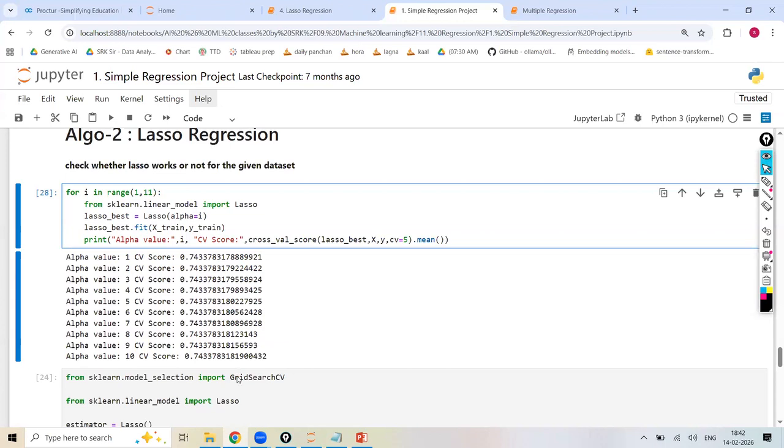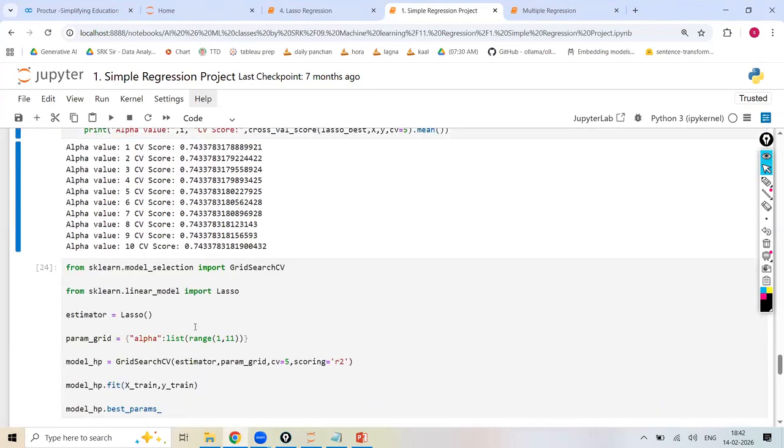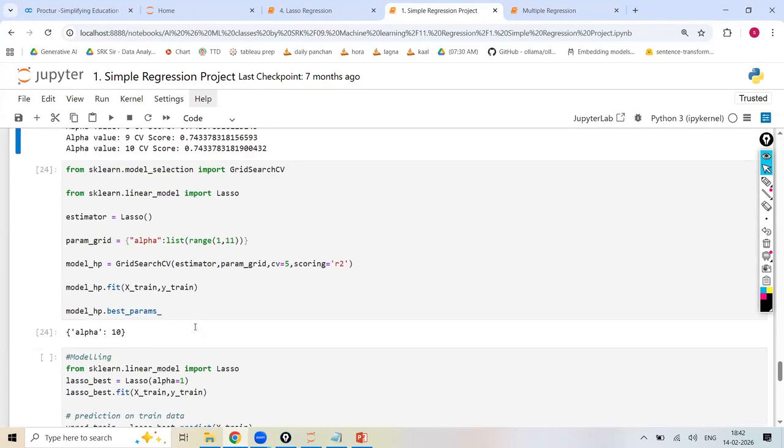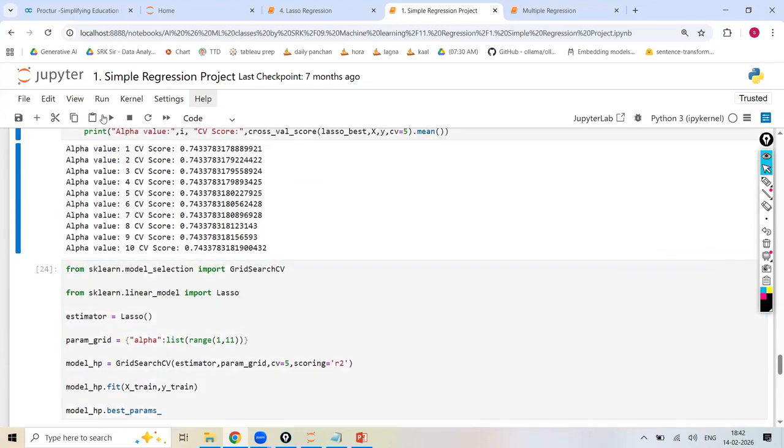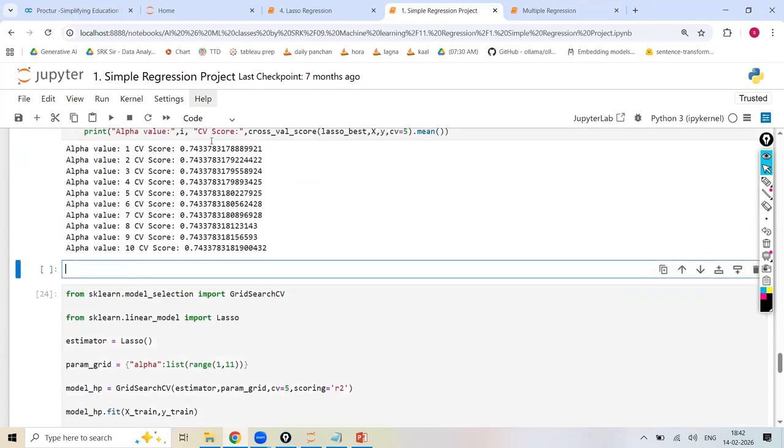If all the values are different, either increasing or decreasing, then lasso is working for the given data set. Only when lasso is working for the given data set do we have to identify the best alpha value, hyperparameter tuning. Here I am writing a note.